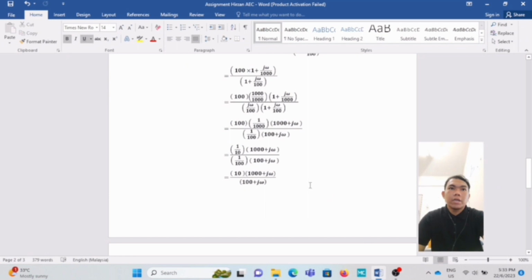Then 1 over 10 multiplied by (1000 plus j omega) over 1 over 100 multiplied by (100 plus j omega). So the final equation we get is 10 multiplied by (1000 plus j omega) over (100 plus j omega).